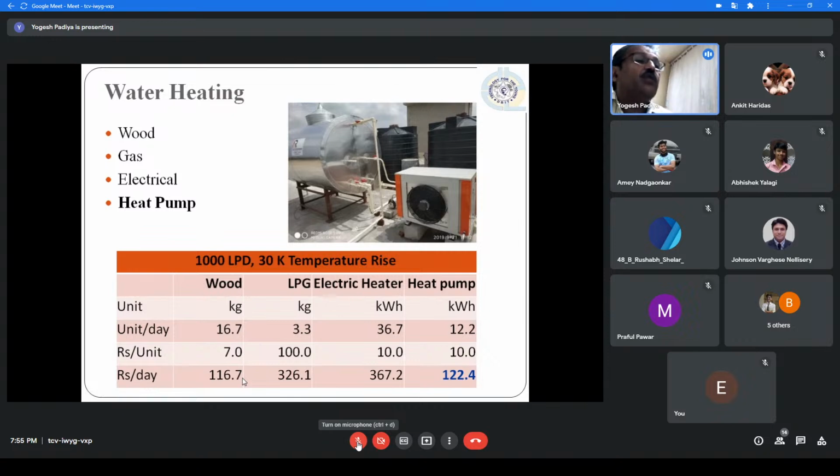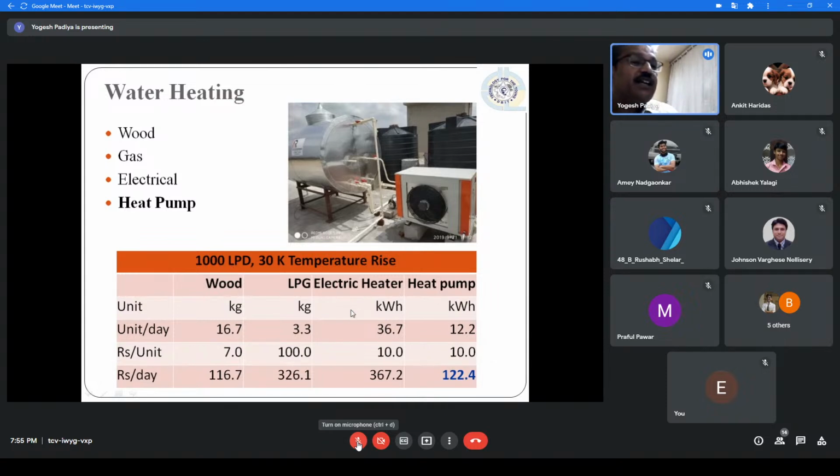But if you switch over to LPG, LPG being a costly, clean fuel with higher efficiency and higher calorific value, you will require less LPG, but the cost of LPG is 100 rupees per kg. So your expenditure will go up from 116 to 326 rupees per day for this much water.